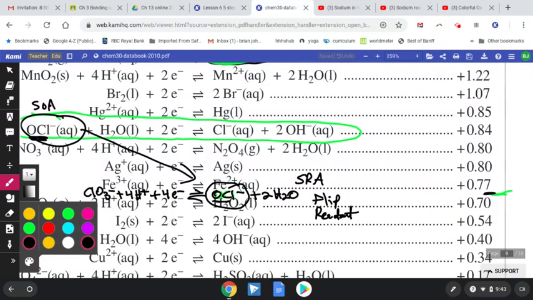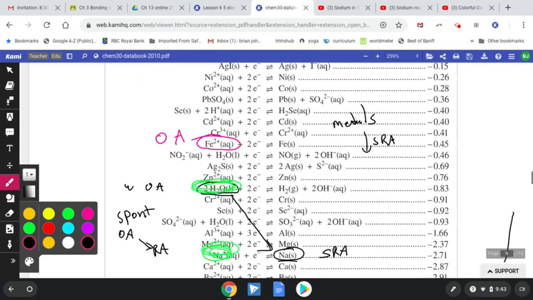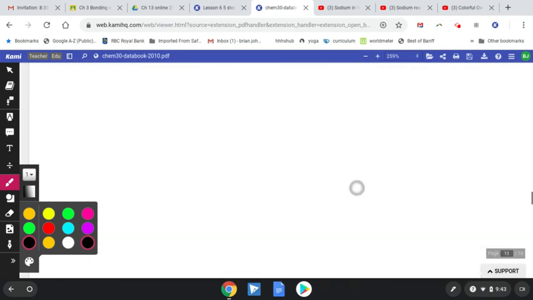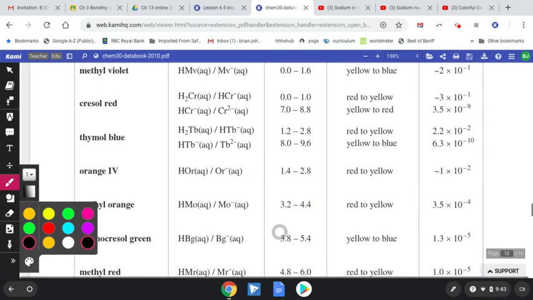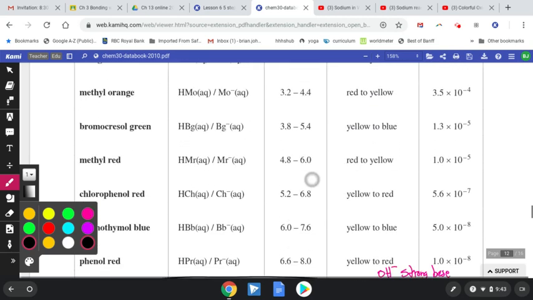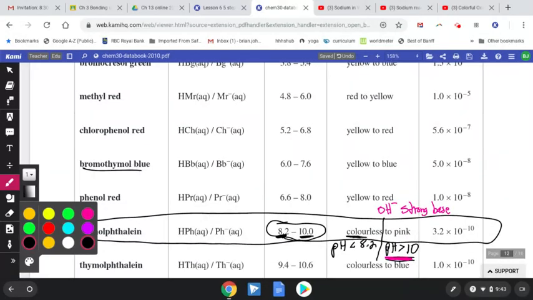So let's just go take a peek at that. There's lots of them here. Slow moving. Okay. Bromothymol blue right here. Bromothymol blue is yellow in an acidic and blue in a basic.